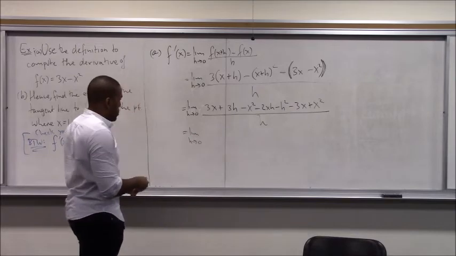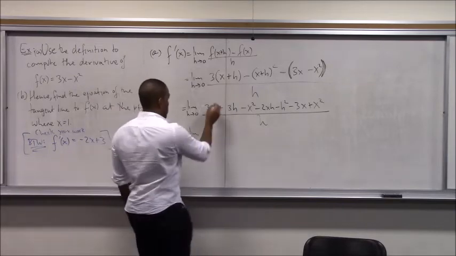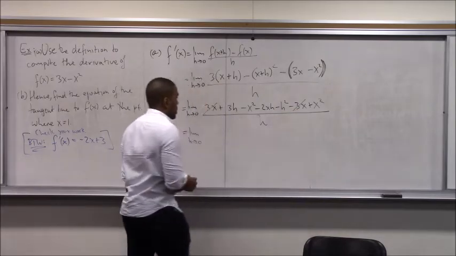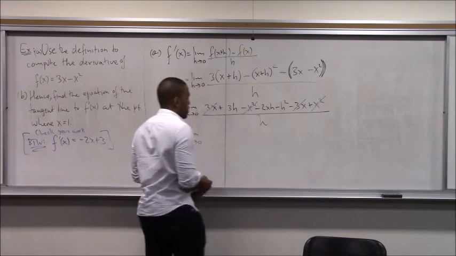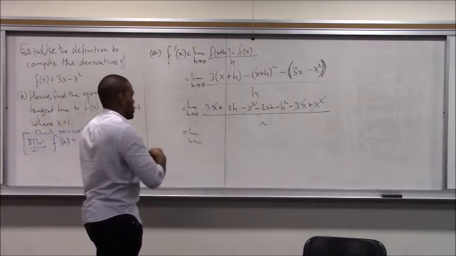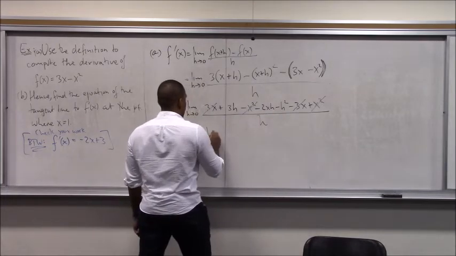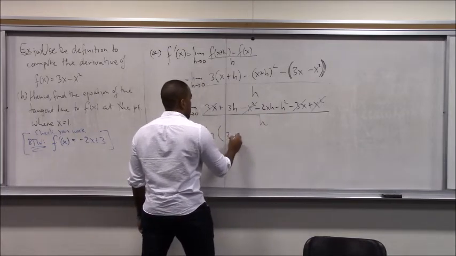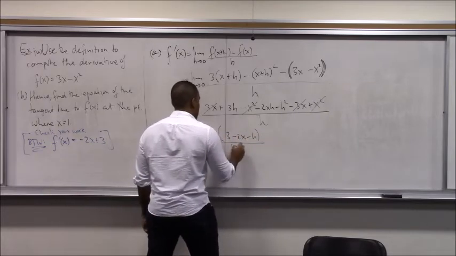At this point, we should have a bunch of things canceling. The 3x would cancel, and the x squared would cancel. Nothing else cancels, but there is a common factor of h left over. So I can take out that h: 3 minus 2x minus h all over h. This h would cancel.